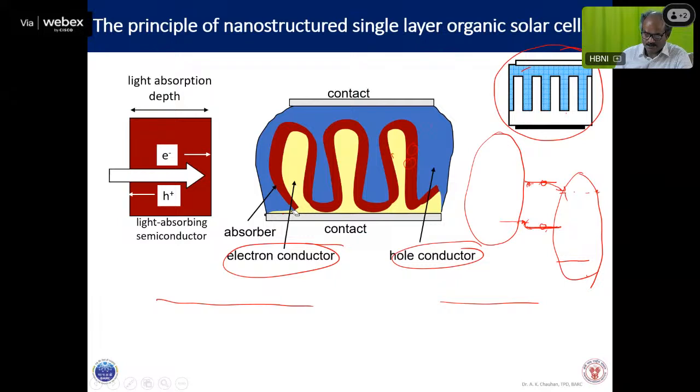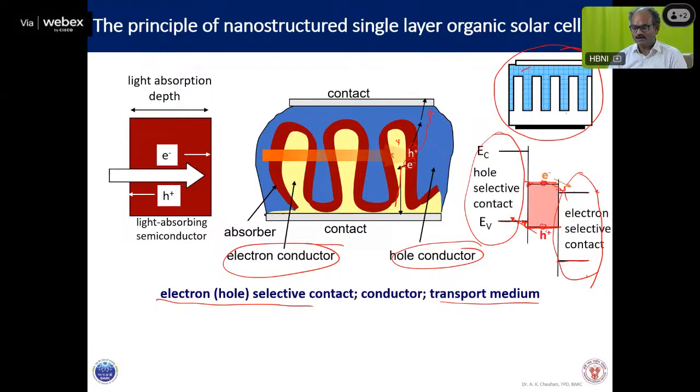And then it is easy. If the electron-hole pairs do not recombine, they reach the boundary and get separated into holes and electrons. The electron will move only through this, the hole will not move through this, and the hole will move through this and the electron will not move through this.